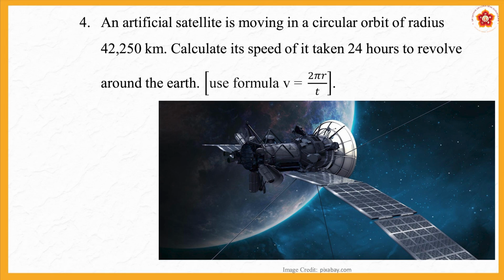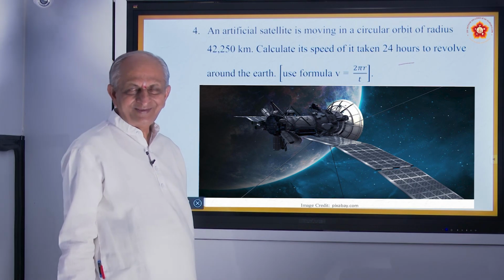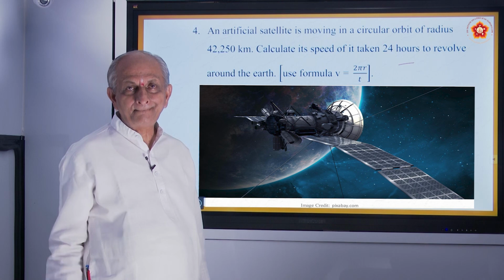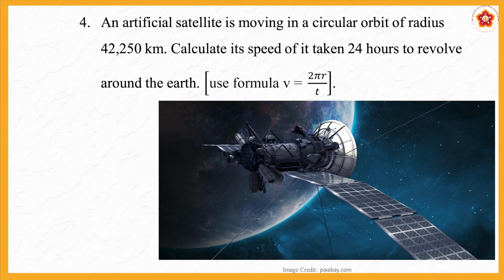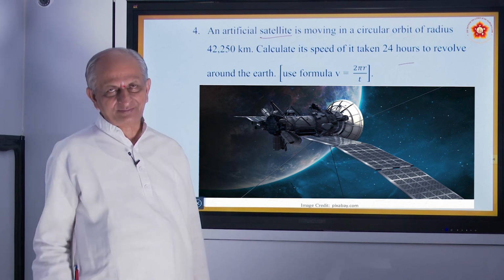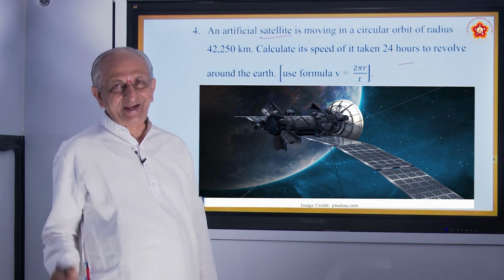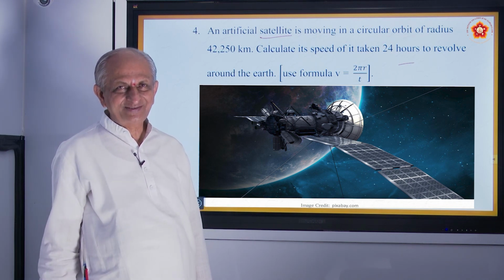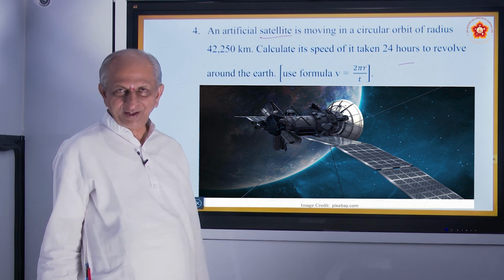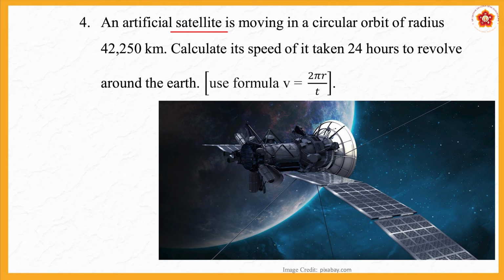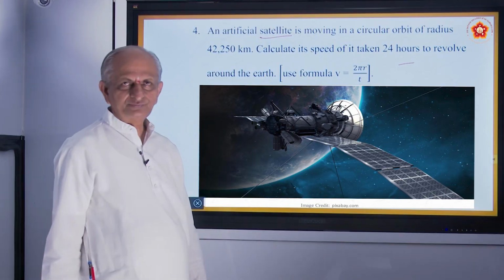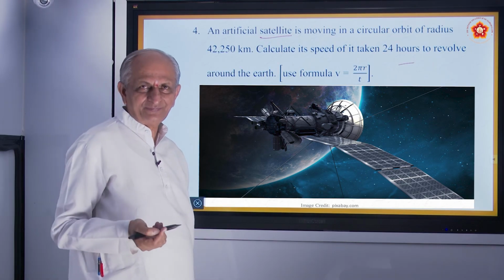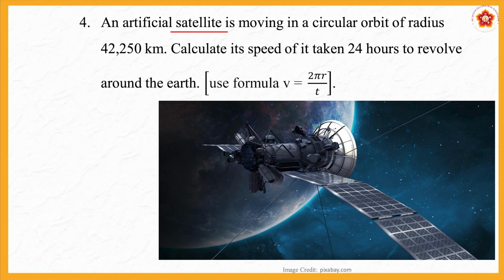An artificial satellite, I was just now telling you. What do you mean by artificial? Man-made. What is a satellite? A heavenly body going around a planet, like the natural satellite of Earth, the Moon, is it not? So here we are talking about an artificial satellite. How to carry it to space? By the help of rockets.